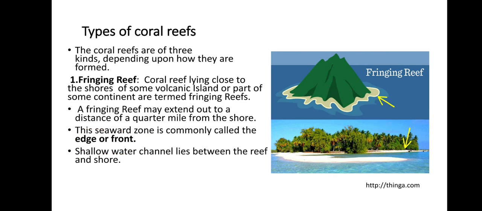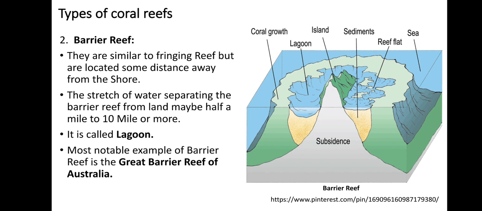Fine. The next type of reef is a barrier reef. When I say barrier reef, I'm sure you are recalling the Great Barrier Reef of Australia, isn't it? Now, when do you call it a barrier reef? As the name says, barrier, it is forming a barrier around an island.